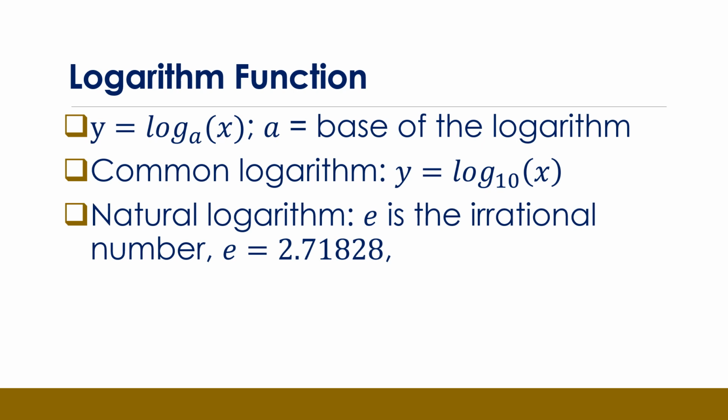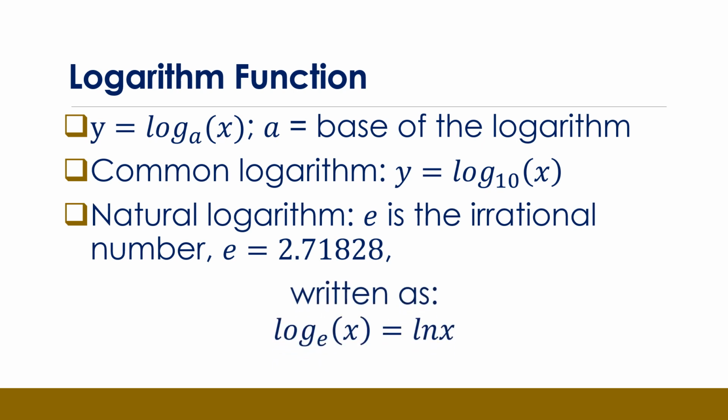An irrational number is a number that cannot be expressed as a fraction. The logarithm to base e is known as the natural logarithm, written as log_e x, but most commonly written as ln x.